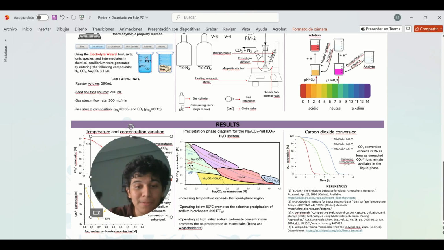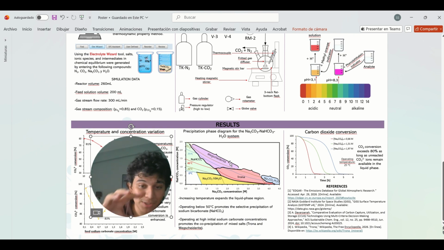For example, if you have 1 molar sodium carbonate and 1 molar sodium bicarbonate at 40 degrees, you stay at this point, and the solution is only liquid. If you prepare a solution of 1 molar sodium carbonate and 2 molar sodium bicarbonate, you stay at this point, where I have a solution with two phases, liquid and solid.